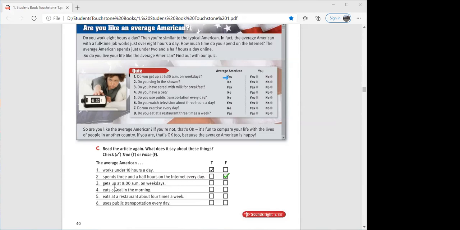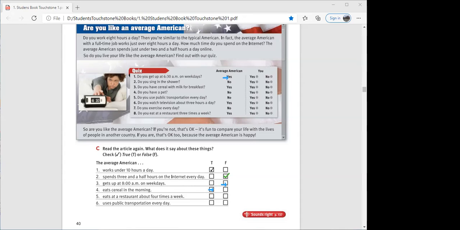So they don't get up at 8. Number 4, eat cereal in the morning. True.